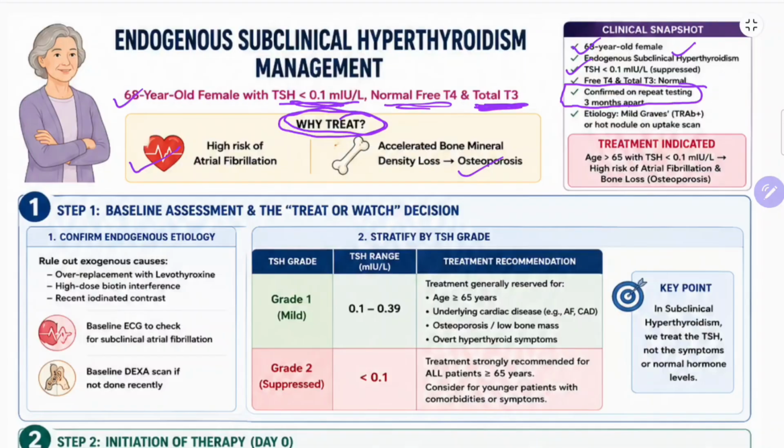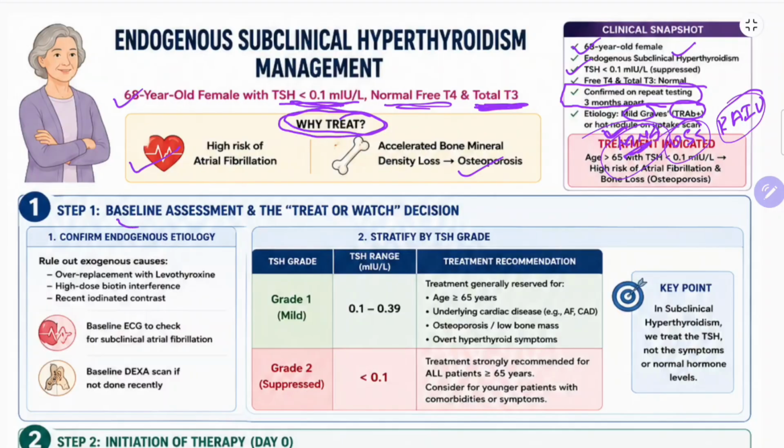So the etiology was established as mild Graves' disease because the patient was TRAb positive, or it can be some nodule or MNG seen on ultrasonography or radioactive iodine uptake, RAIU. Any patient with hyperthyroidism, always get a sonography of the thyroid, very important.